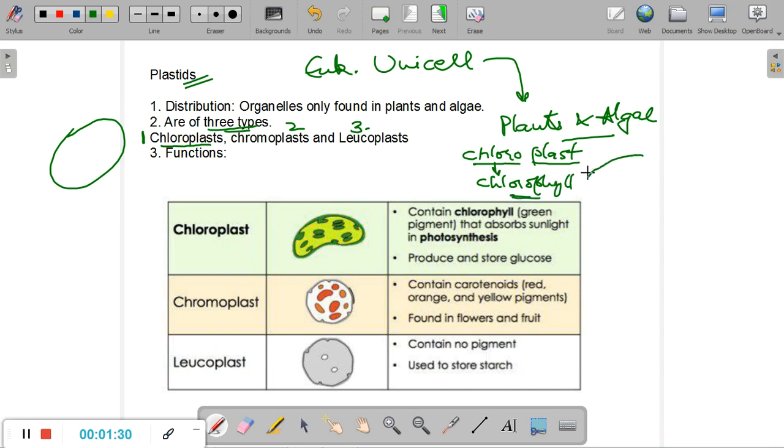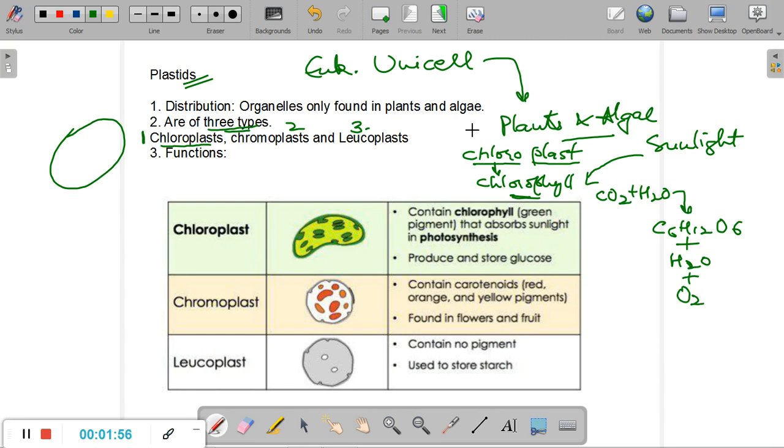This pigment traps the sunlight, and then using the energy of the sunlight, it combines carbon dioxide gas with water to make food, and that food is called glucose. The formula for glucose is C6H12O6. Along with this, during the process of photosynthesis, some amount of water and a lot of oxygen is also liberated. Now this process is called photosynthesis.